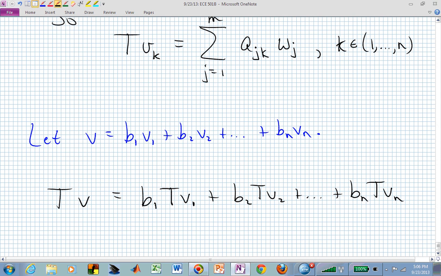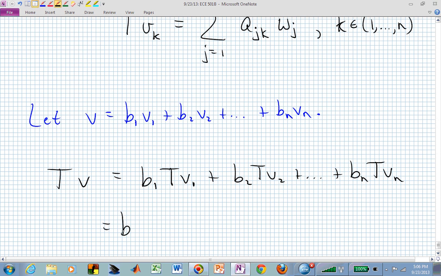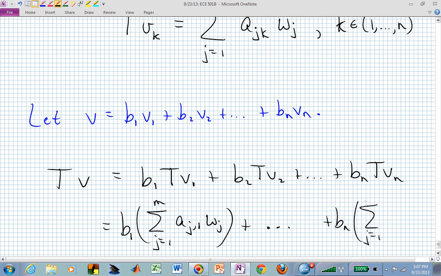So that now I can rewrite this as B1 times the summation j equal 1 to m of a sub j1 w sub j. Plus, I'll just do it one more time at the end, which is b sub n, and this is now this sum from j equal 1 to m of a, what's this one going to be, subscript-wise?